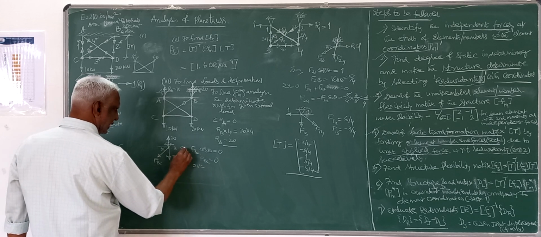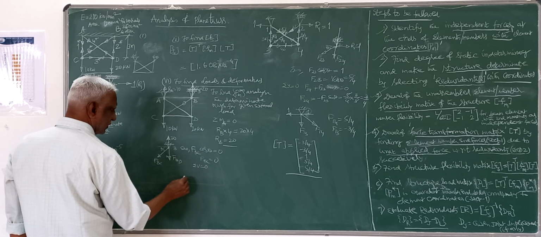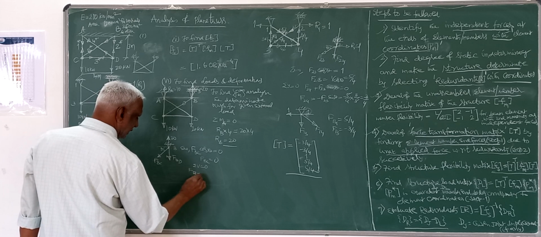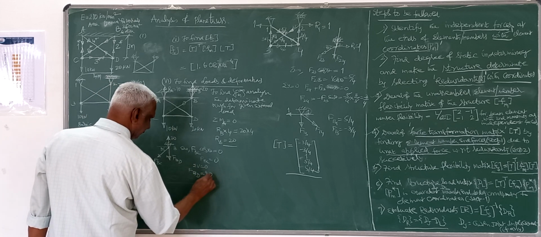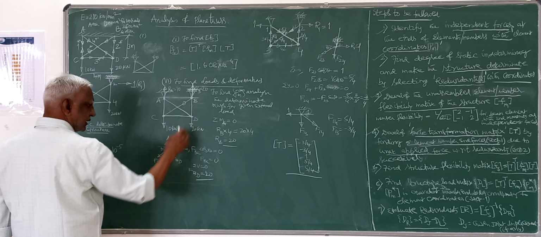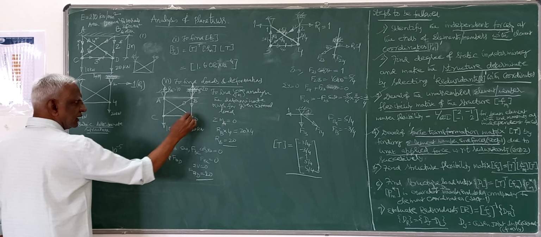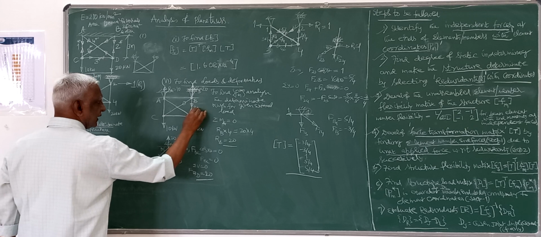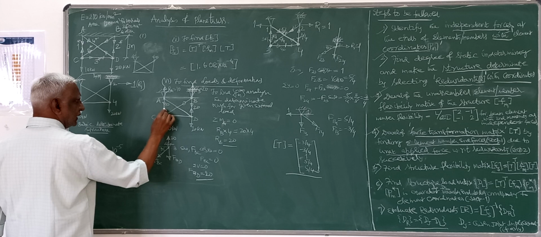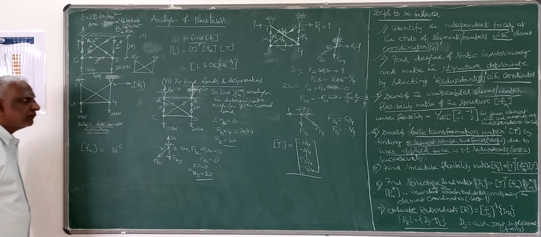This is by taking sigma H equals 0. Then if I take sigma V equals 0, I'll get this right away. FBD is equal to 20, because this force anyway is 0, therefore the force here is 20. 20 means whatever direction I have taken here, that is okay. So this is 20. On similar lines, here this has to be 10, this has to be 10, and here also it is 0.